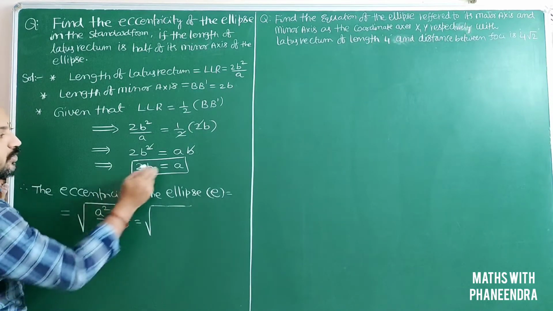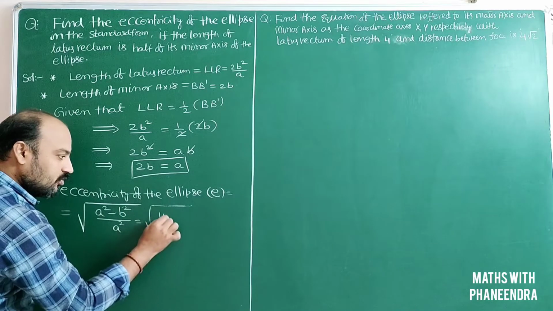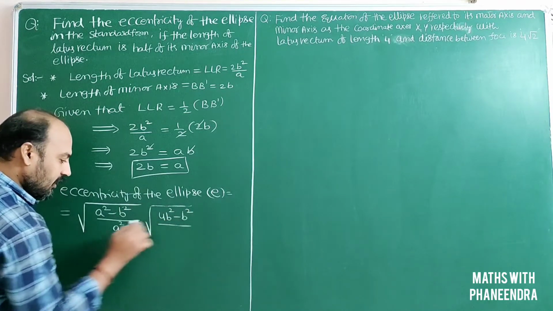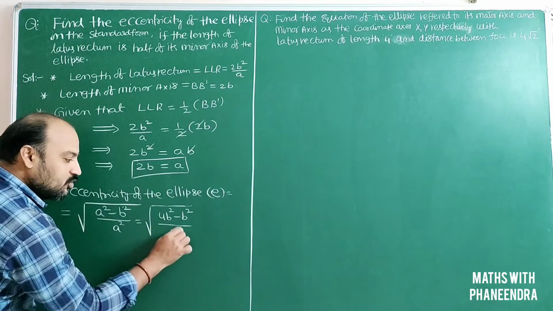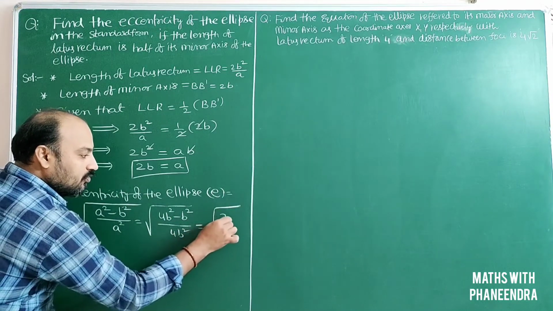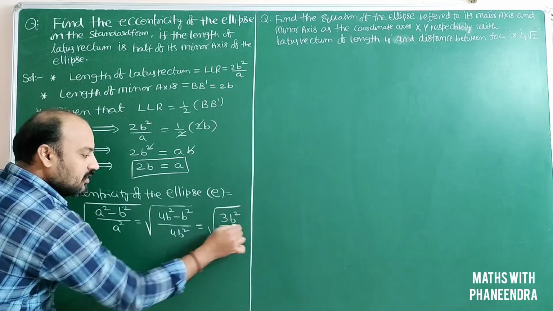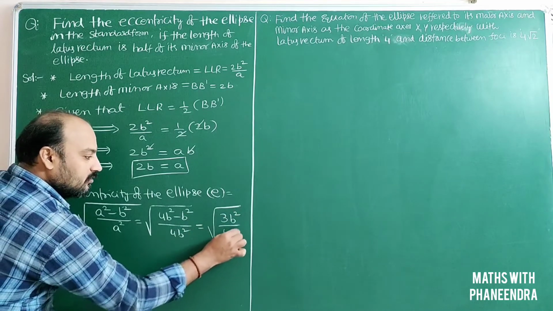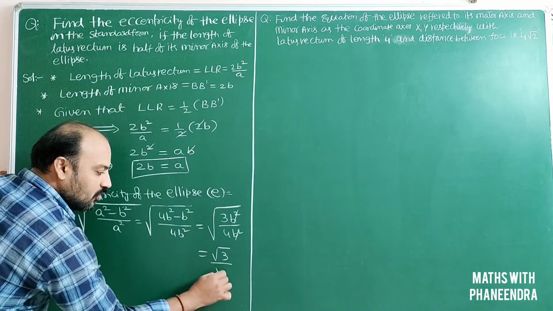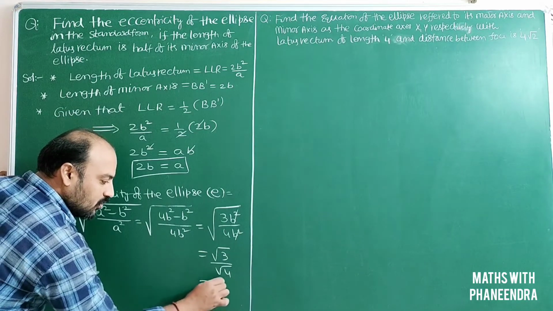Here a square means 2b whole square, so 4b square minus b square by 4b square. Square root of 3b square divided by 4b square. So root 3 divided by root 4, which is equal to root 3 by 2.